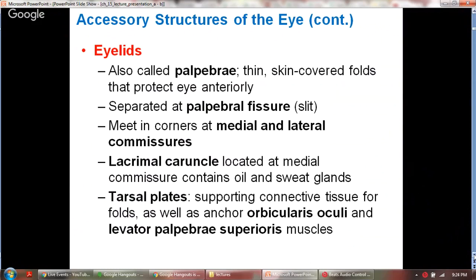The structure called the lacrimal caruncle, located at the medial commissure, contains oil and sweat glands of the eyelids. There are also tarsal plates in the eyelids, which support the connective tissue for the folds, as well as anchor the orbicularis oculi and levator palpebrae superioris muscles.